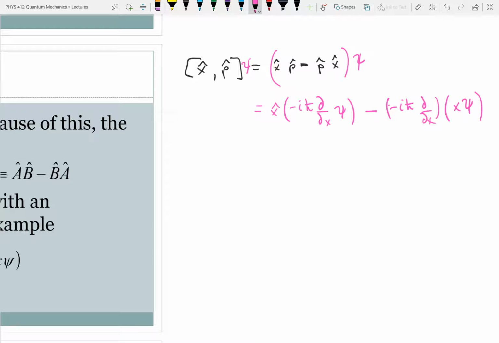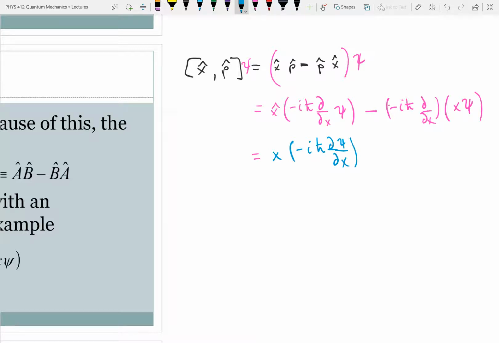Now, if we take this, we can go ahead and do our math. The left term, the x operator acting on this function, I don't care that it's a new function. The x operator is still going to return the x value times the function. So this left one is just going to be x times minus i h bar d psi dx.